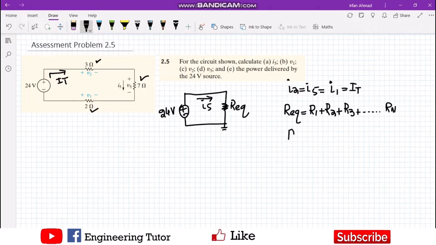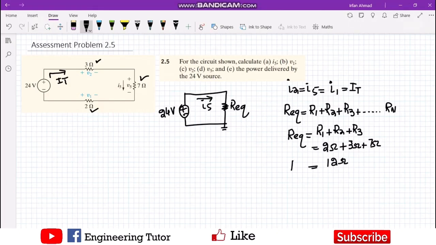So here we have three resistors, R1, R2 and R3, and their values are 2 ohm plus 3 ohm plus 7 ohm. So the equivalent resistance will be 12 ohm here.